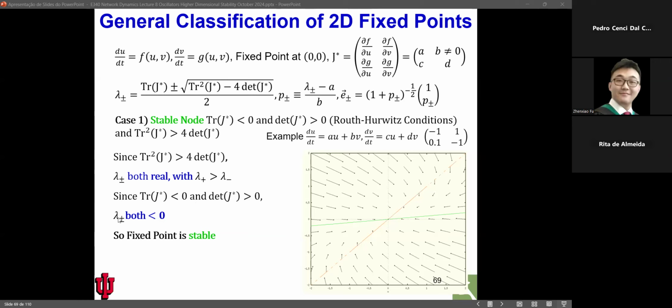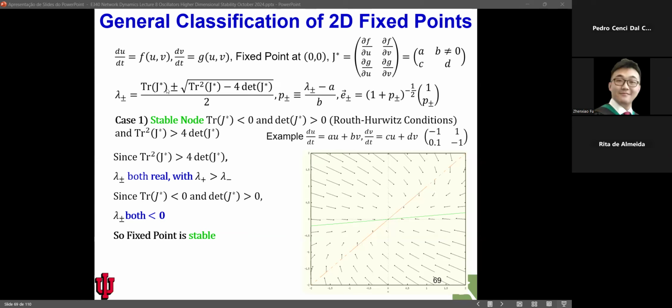Then lambda plus and minus are both less than 0, because the trace of J is less than 0, and the determinant is greater than 0, because then lambda minus is minus something which is less than the trace.